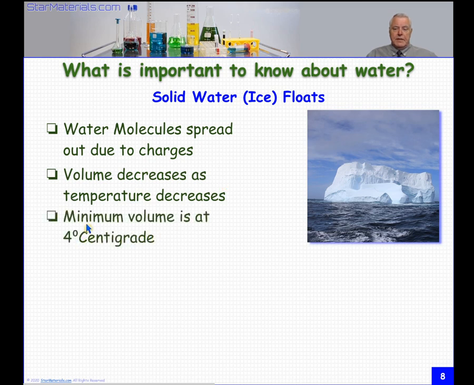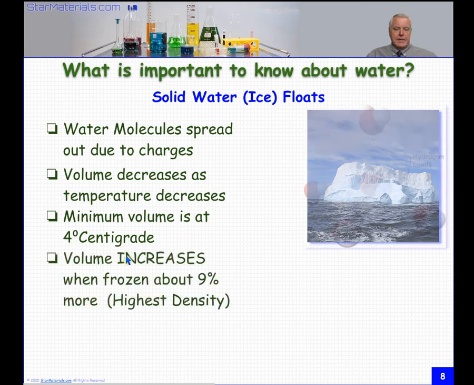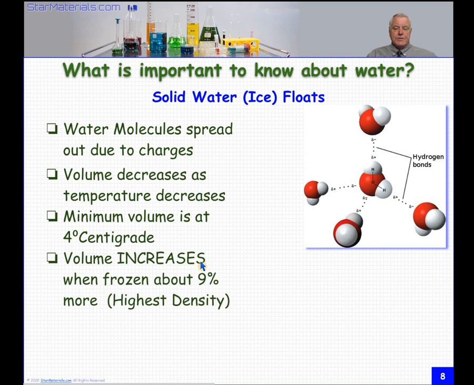But their minimum volume is at 4 degrees centigrade. Then it starts increasing. When frozen, at 0 degrees, it actually takes up 9% more volume than when it was at 4 degrees.